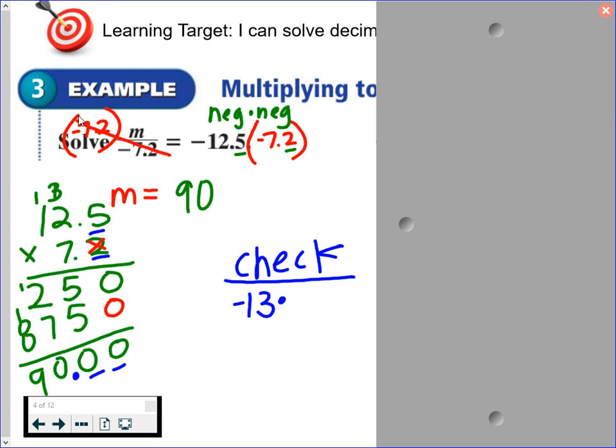Negative 7.2, we'll round that to negative 7. Great news! The estimate said my answer should be close to 91, and I got 90 when I actually did my side problem. So it looks like I'm on the right track.